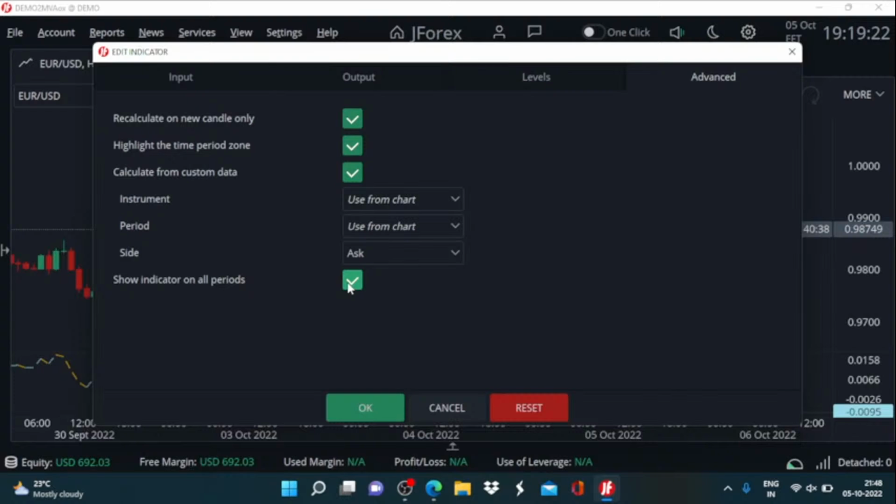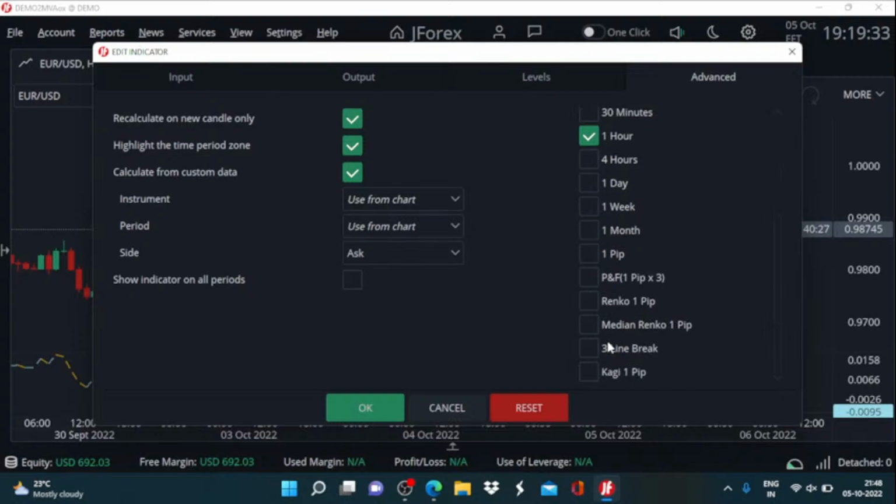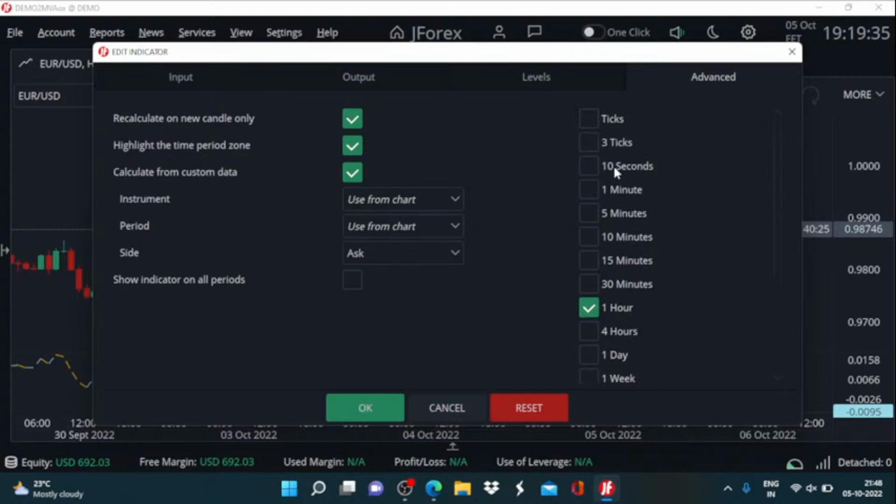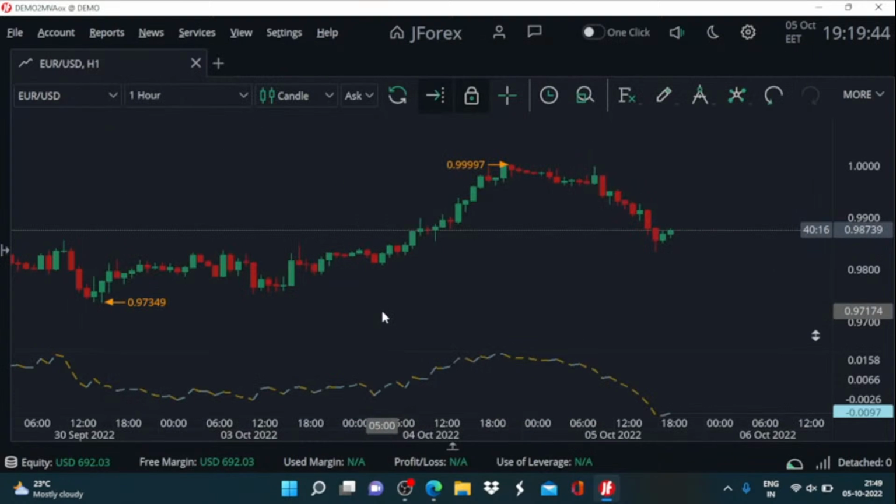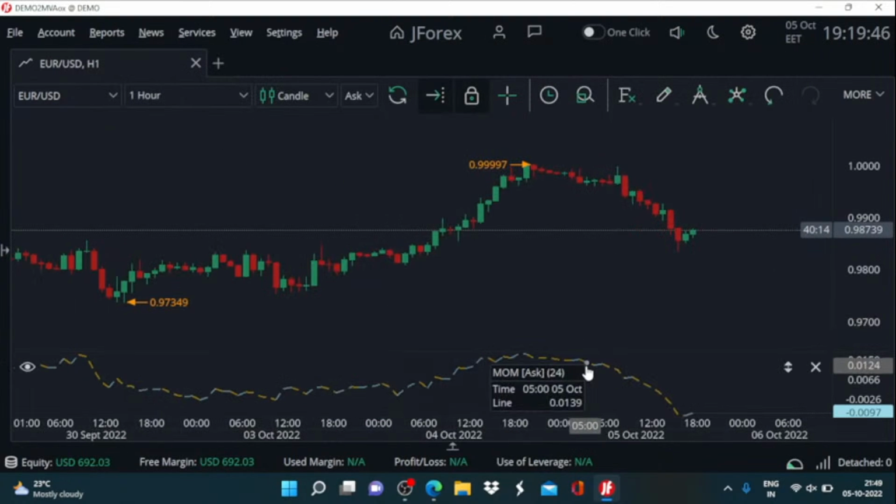If you want the indicator to be available on all the candle periods, then you have to opt in for this. Otherwise, you have to specify on which candle periods the indicator should provide output values, and only on those candle periods will the output of the indicator be visible. Suppose we define 5 minutes and 1 hour as the only two candle periods on which the indicator should be available.